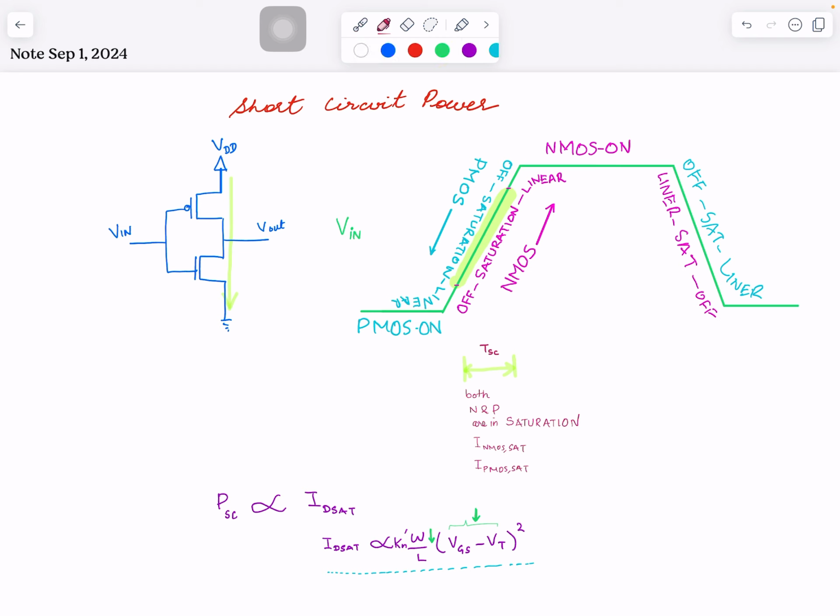I mentioned that the overall total power is a combination of that dynamic power, then another component, the short circuit power, and the third component is leakage. So today we are going to talk about this one. It will be a short video, I think.